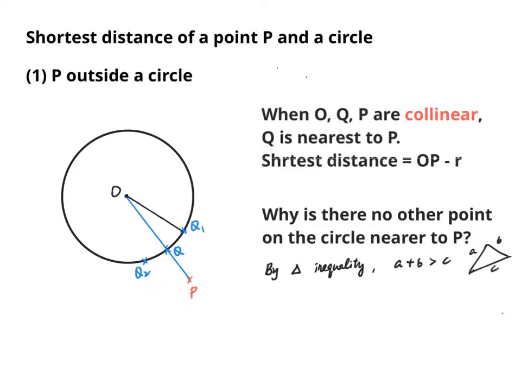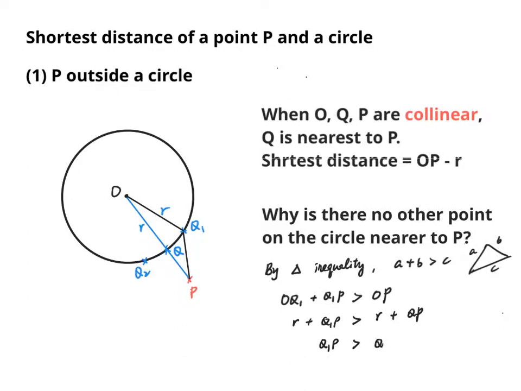Now we join O and Q1, Q1 and P to form a triangle OPQ1. By the triangle inequality, OQ1 plus Q1P must be greater than OP. Also notice that OQ and OQ1 are the radius of the circle. We have R plus Q1P greater than R plus QP. Cancel R on both sides.